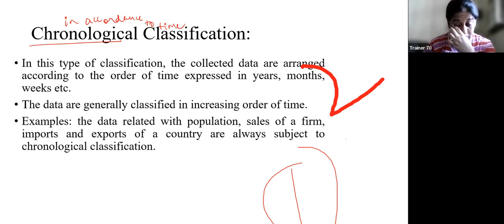So examples of chronological classification are the data related with population, sales of a firm, import, export.